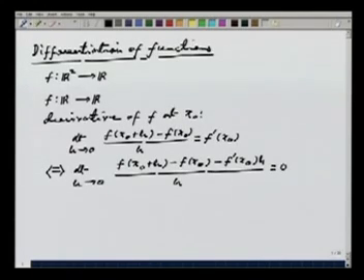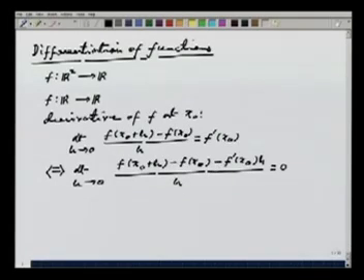So we say that a one variable function f from R to R is differentiable at x0 if there exists a number called f prime x0 such that f of x0 plus h minus f of x0 minus f prime x0 times h, divided by h, is equal to 0.